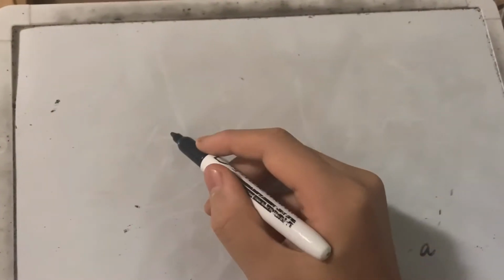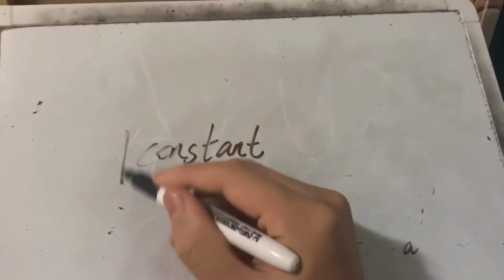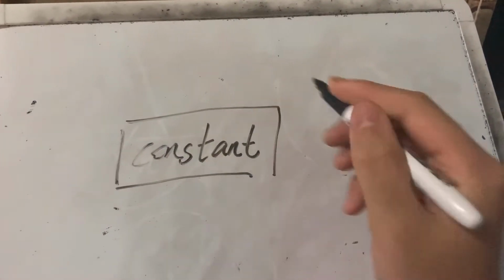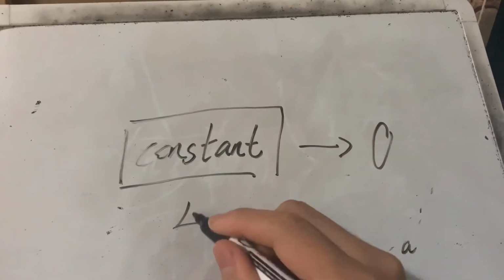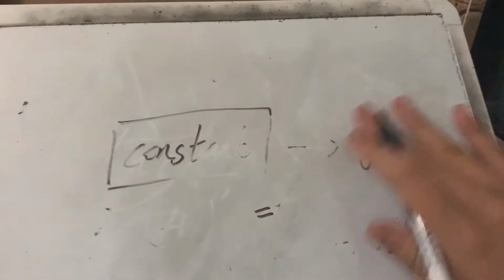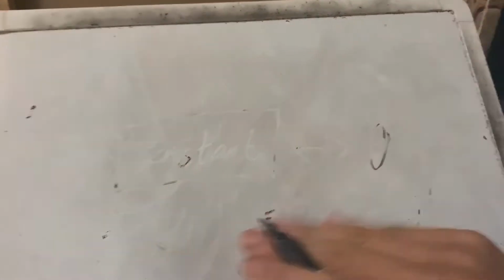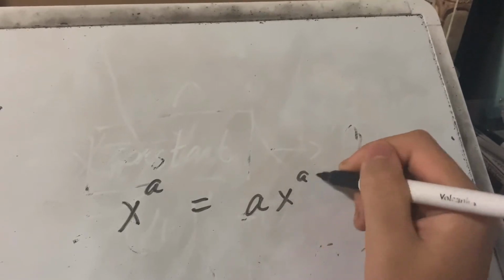Just in case, talking about derivatives, we're going to cover some easy ones and some more complex ones. First, the derivative of a constant must equal 0. For example, the derivative of this is 0. Another case, given a function x to the power of a, the derivative is a times x to the power of a minus 1.